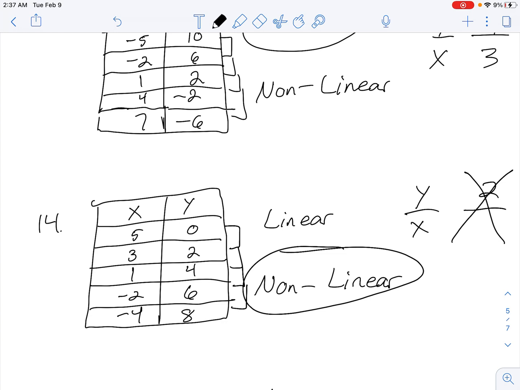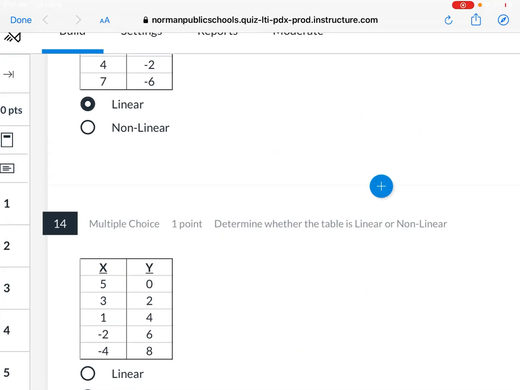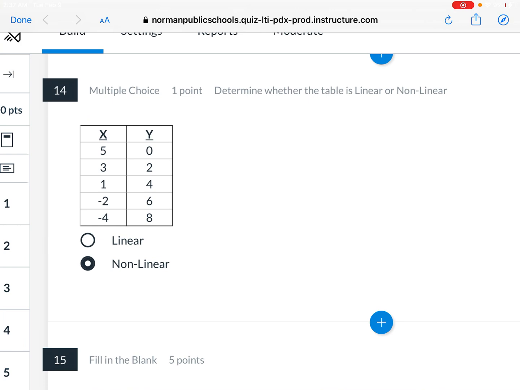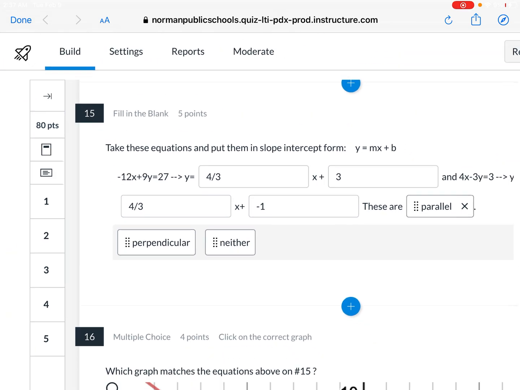You automatically know that this one is nonlinear. All right? Automatically. If one of the numbers is off, like this, we've got down 2, down 2, down 3, boom, automatic, nonlinear. And then you'll see right here on number 14, it's marked as nonlinear.